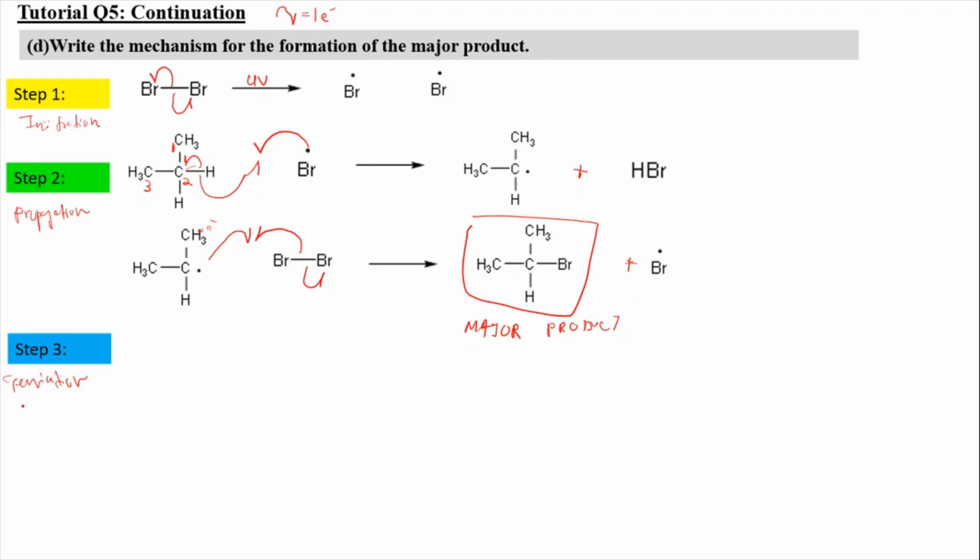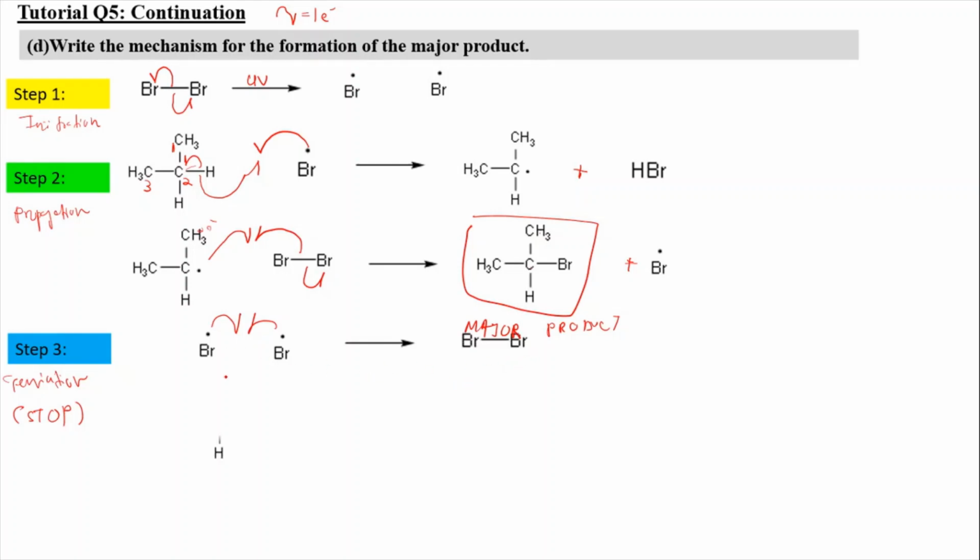Now we're going to go into the termination step. Termination means we have to stop the reaction. We have to stop the production of free radicals, or else the free radicals will keep on producing and producing. At one point, the radicals need to combine together in order to stop the generation. The bromine free radical will react with another bromine free radical and combine to form a bromine molecule again.